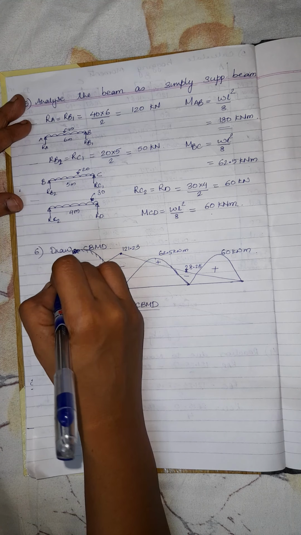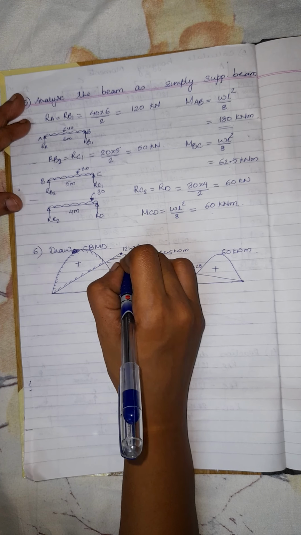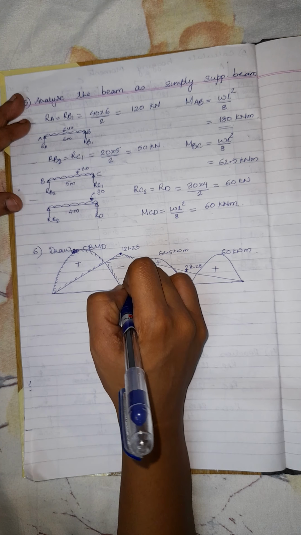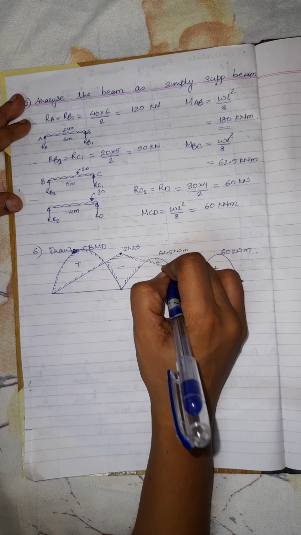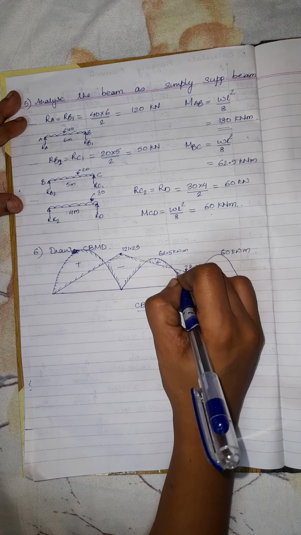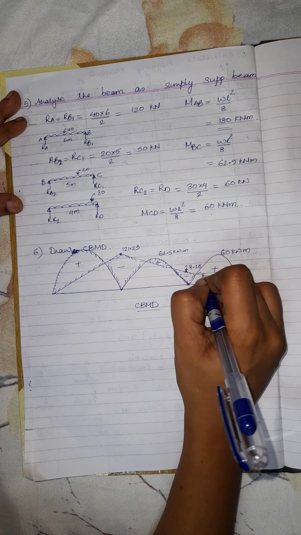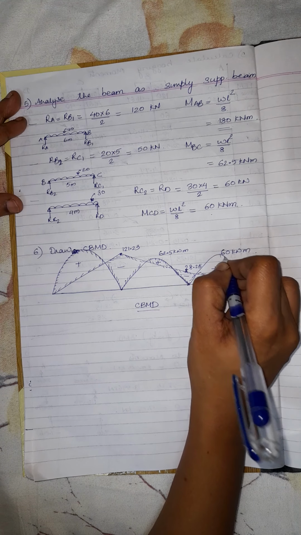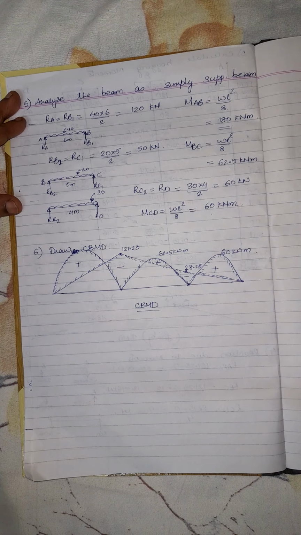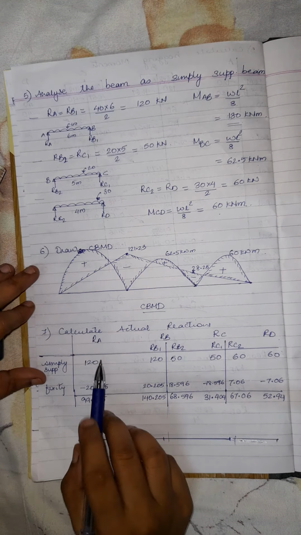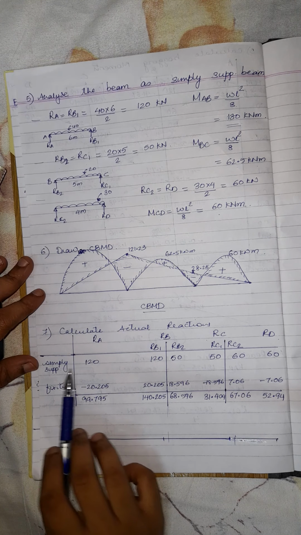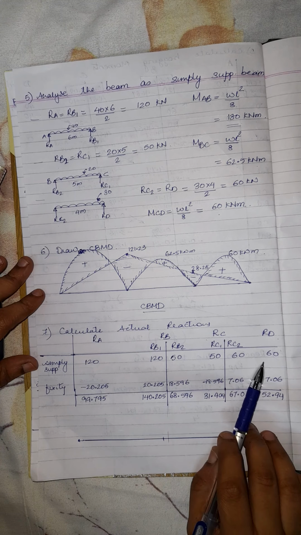Now we have next step, that is calculate actual reactions. This is very simple. We know that we get all these values from step number 4 and 5. Okay, let us make the table and get the final answers for the same, and draw combined shear force diagram. So actual reactions we have here. Okay, due to simply supported from step number 5, 120, 50 and 60.